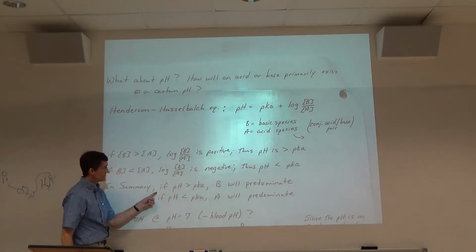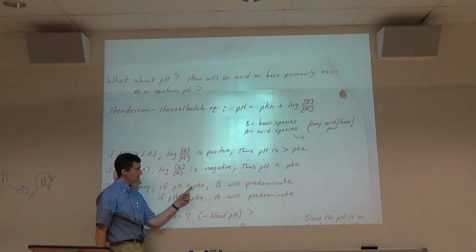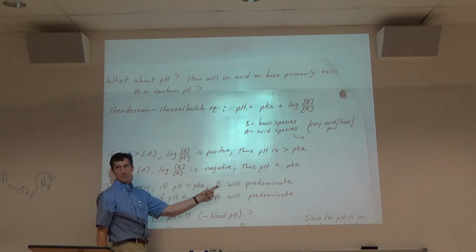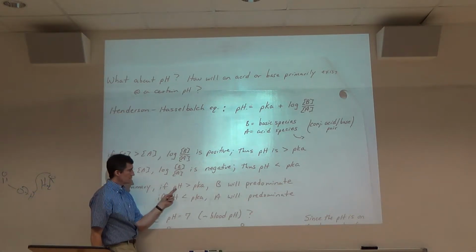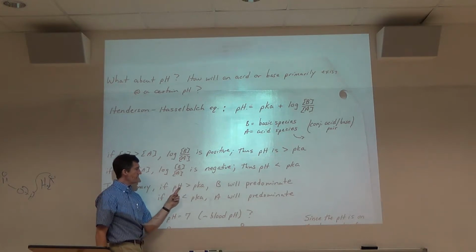Here's a summary. If pH is greater than pKa, B will predominate. B is the basic species. A greater pH means the pH is higher. What does high pH imply?